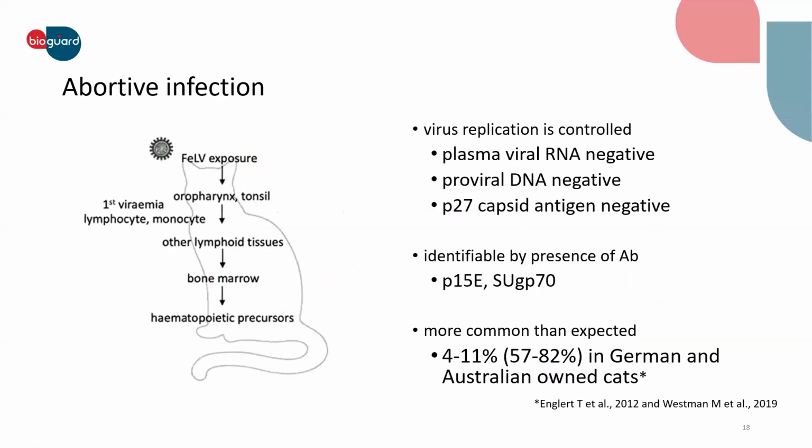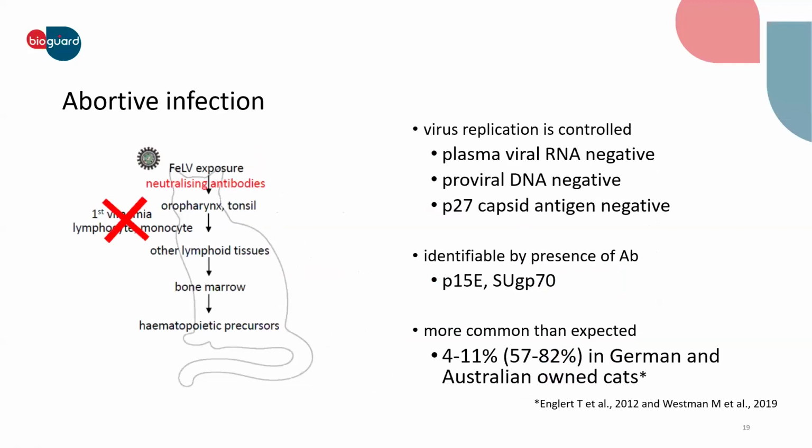So let's get into the abortive infection. After the FeLV exposure, the cat will produce neutralizing antibody that blocks the infection of FeLV. So at this stage, the plasma virus RNA will be negative, and so will the provirus DNA by PCR.